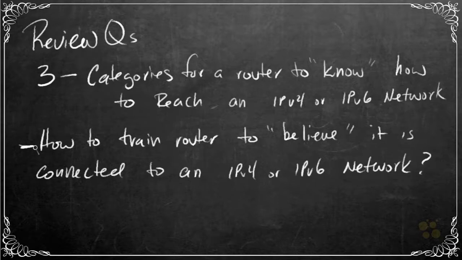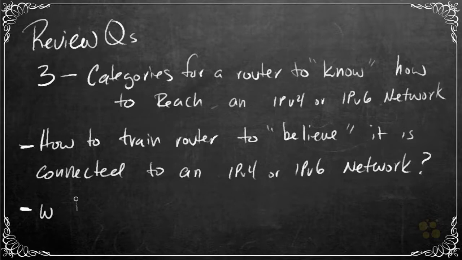And the answer to that we've done twice, one with IPv4 and one with IPv6. And that is when we bring an interface up and we configure an IP address on that interface. It's at that moment when the router believes it is directly connected to that network.